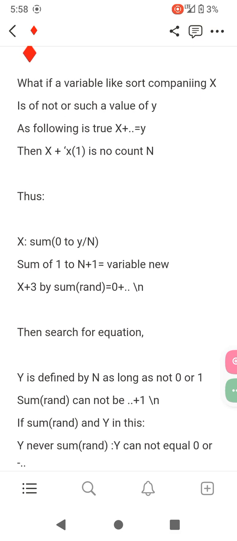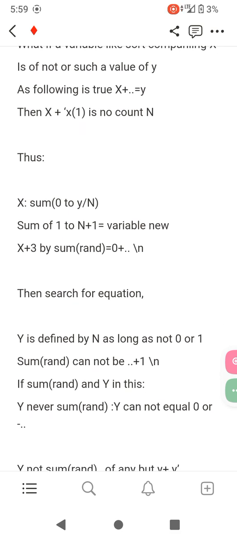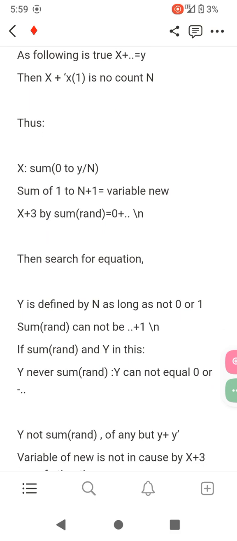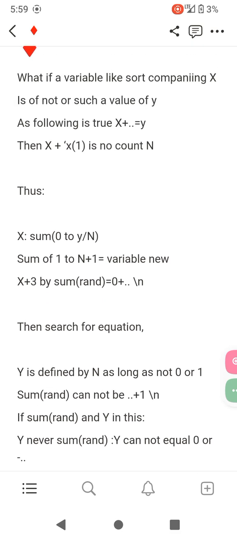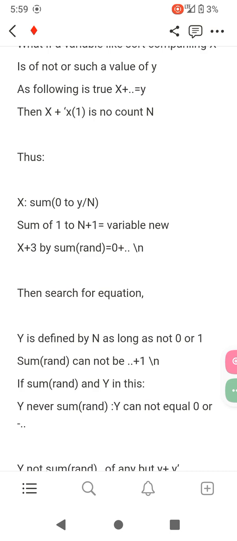Then x plus x, meaning this x that is accompanying x, or also accompanying variable 1, is no count n, meaning it's not a counter like usually. It's not a plus 1 at all. So thus x equals the sum of 0 to y over counter n. If that is true, then at least the sum of 0 to y cannot be 1 later. Of course, logically.